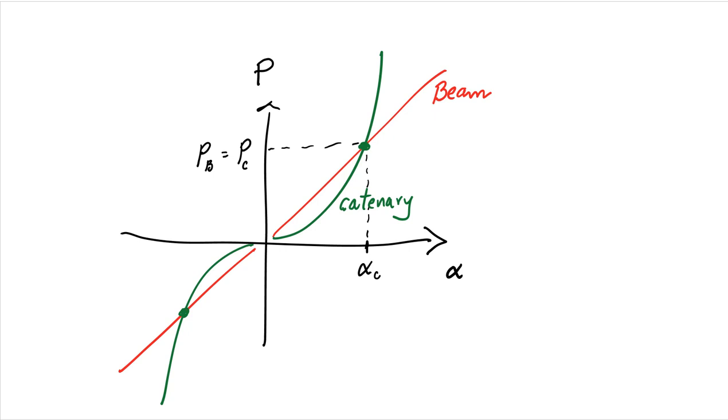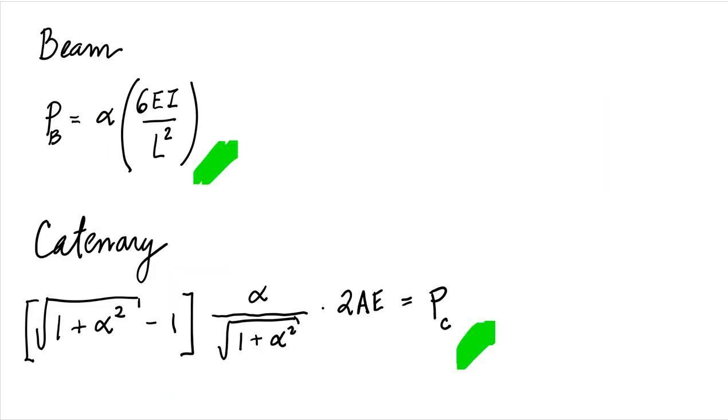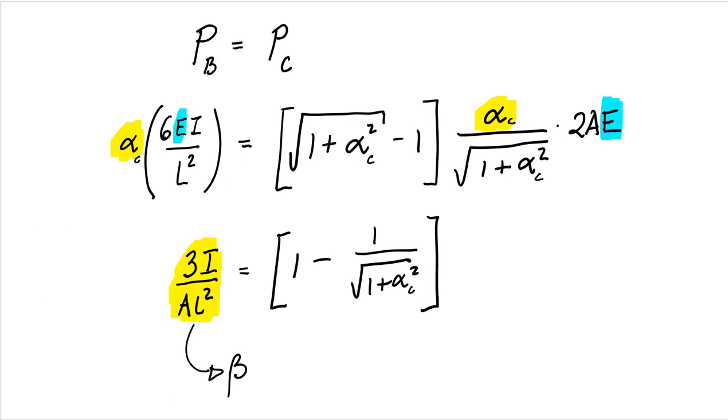So we're now going to go and find that value, equating these two expressions here. The alpha in the numerator cancels out, the elastic modulus cancels out, which is interesting because it basically means that if the two beams are made out of the same material, the answer doesn't change. And then we can send 2a over to the left side, and we get this constant, which we're going to call beta, which is 3I over AL squared.